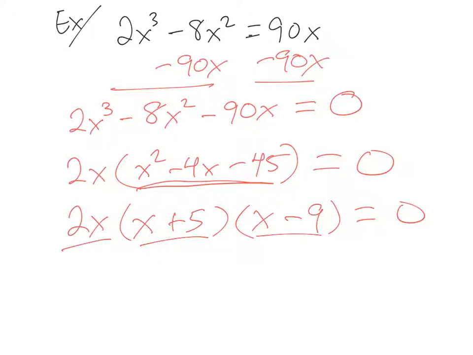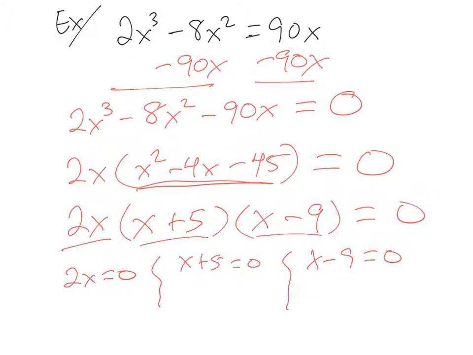Set each one of those factors equal to 0. So 2x equals 0. x plus 5 equals 0. x minus 9 equals 0. So now solve each one of these.